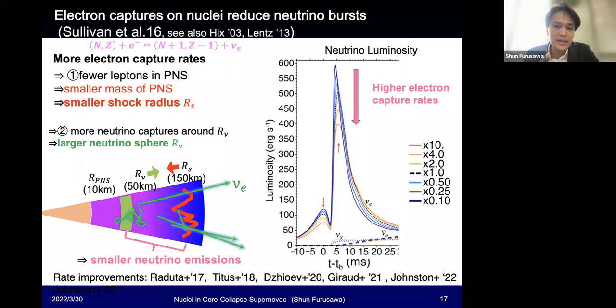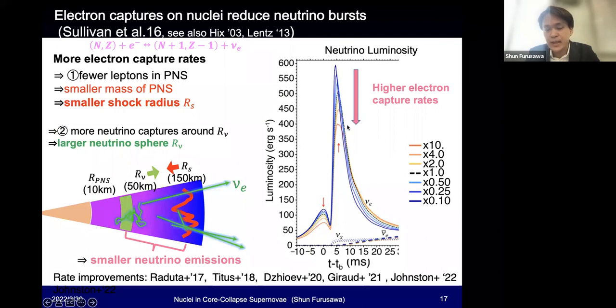In addition, its inverse reaction rate is also high, and the neutrino sphere becomes large. So the neutrino interaction rate, the neutrino absorption rate, is also increased. And so the neutrino sphere becomes large. As a result, the amount of neutronization burst becomes small. So the peak luminosity is decreased if the electron capture rate is high.